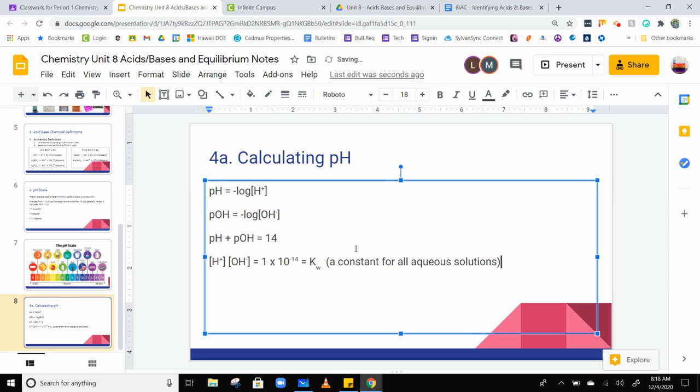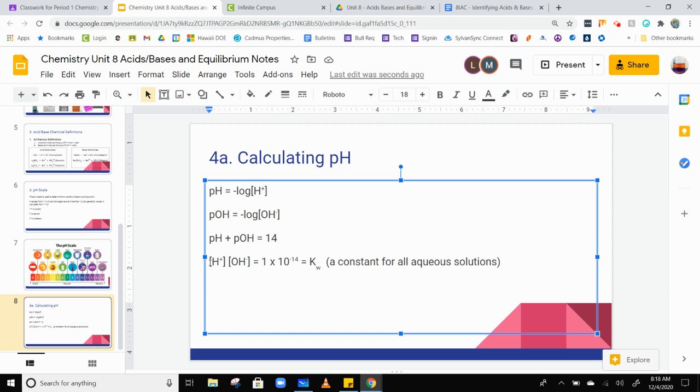So if the H plus concentration is super high, the OH minus concentration can be very low. Just because you have H plus doesn't mean you don't have OH minus. You still have OH minus, just a smaller amount of it. We'll talk more about this principle another day.